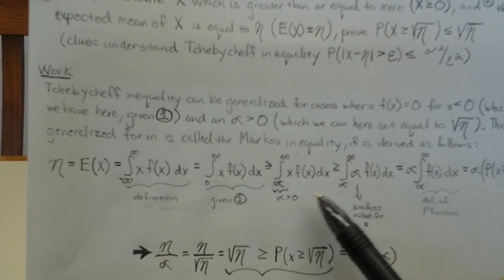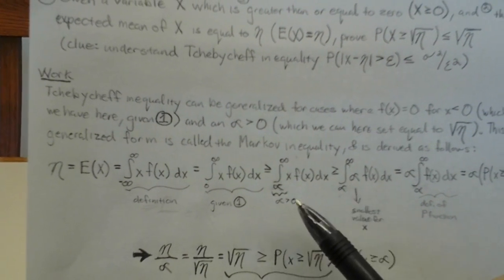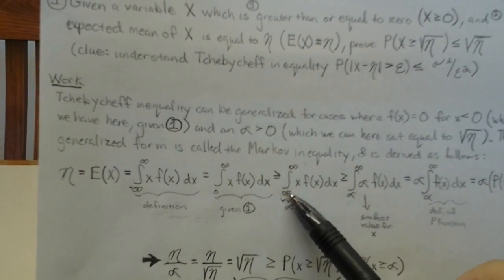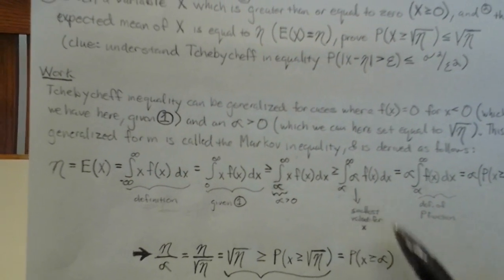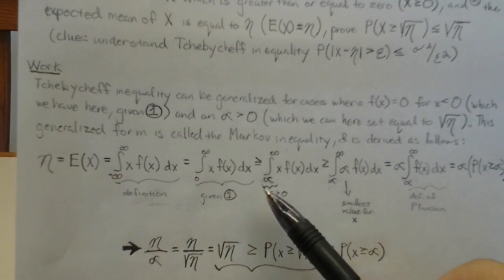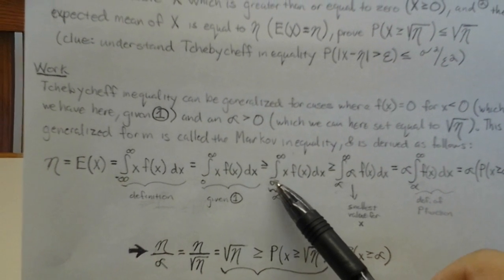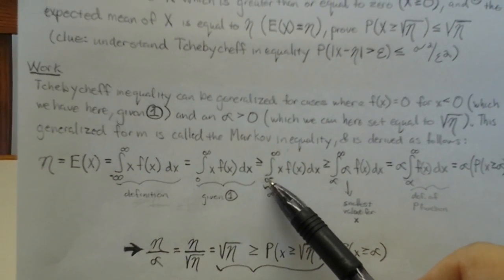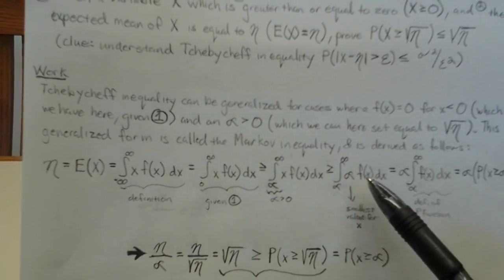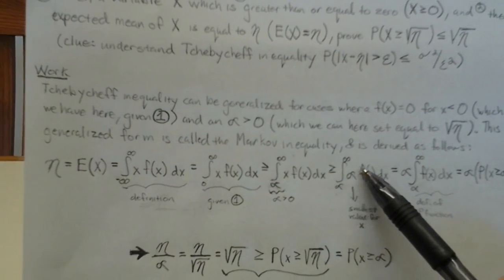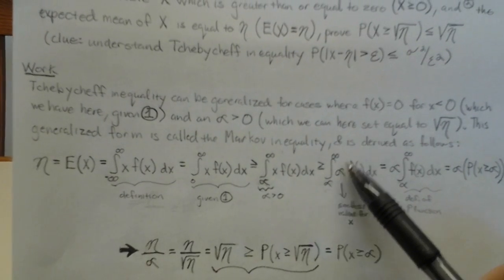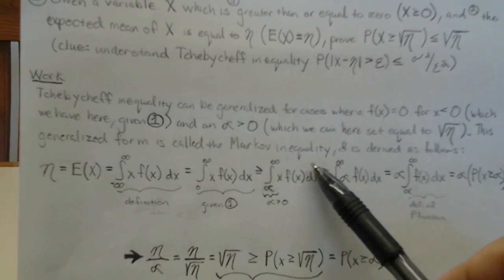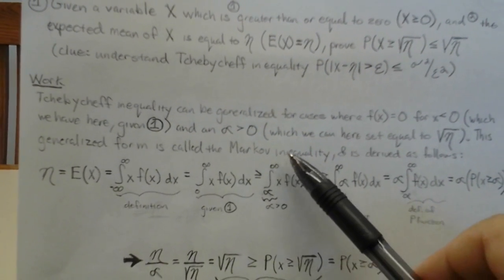Furthermore, we can substitute our alpha value for x in here. What we're doing is saying, look, the very smallest value of x within this integration, if we substitute it in and use it as a constant, this whole integral will always be smaller than that term. Why?